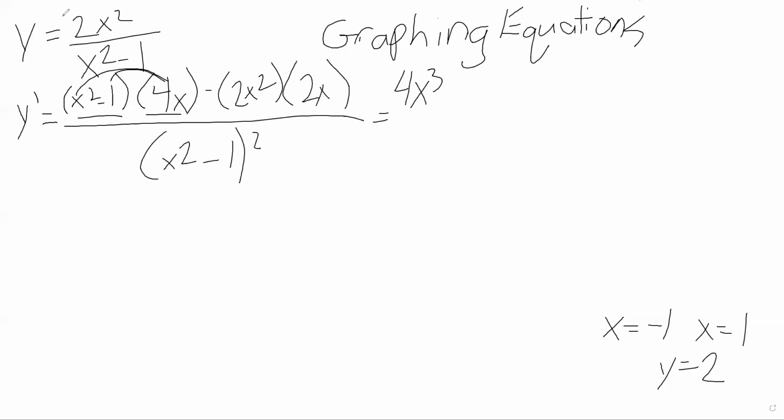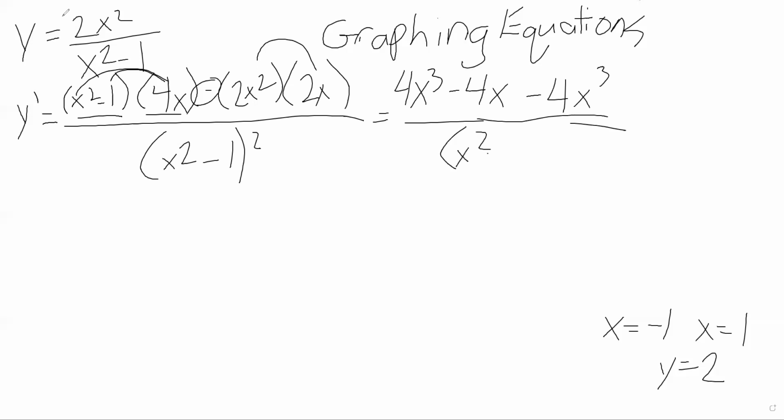And then minus -1 times 4x equals -4x. Okay, now we go to the other side. So this time this is going to be minus, because we got the minus here, that's where that minus comes from, minus 4x cubed. And then we have all over the bottom squared still, x squared minus 1 squared.